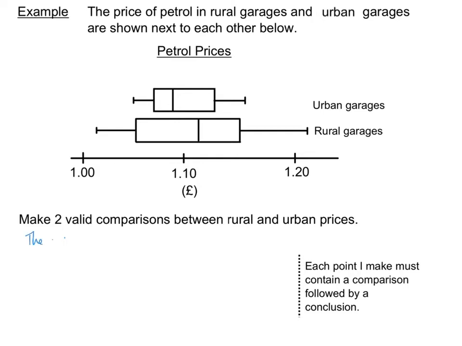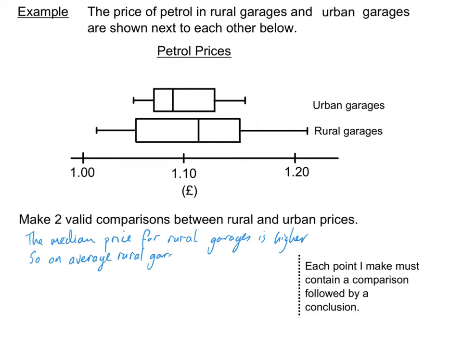The median price for rural garages is higher. And then remember, when we're comparing medians, we're comparing an average. So we're going to have to use this language. So on average, rural garages are more expensive.